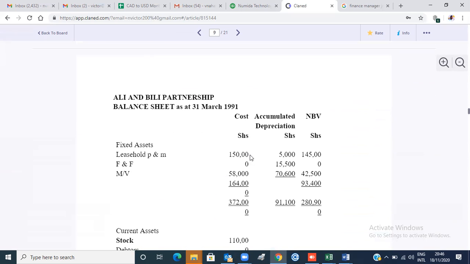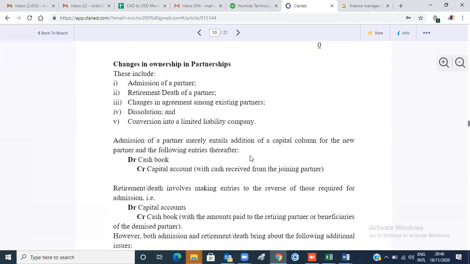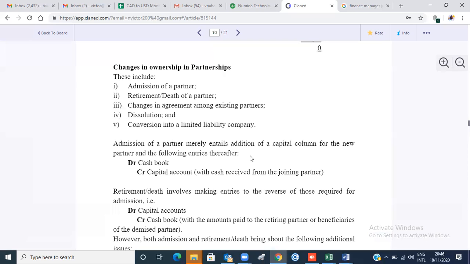I will just take you to some explanatory information here, so that once we meet, we're just dealing with the calculation on Sunday. We can have changes in this partnership structure, okay? And the changes can be, we can admit a new partner, okay? We can have one partner leaving, he can retire or he can even die.